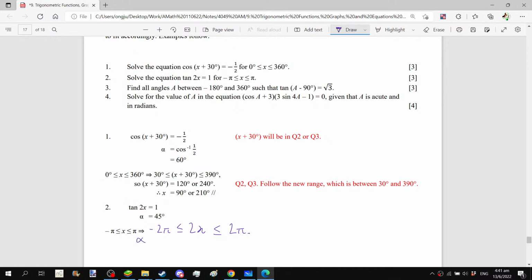From here, your basic angle is going to be 45 degrees, and because of that, your basic angle is going to be 45 degrees, and because of that, 2x can be equal to 45, or it could be equal to 225. Well, I should be doing it in radians, but let me write it in degrees for ease of understanding first.